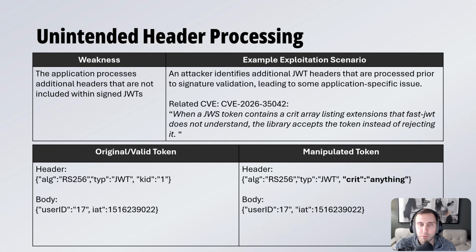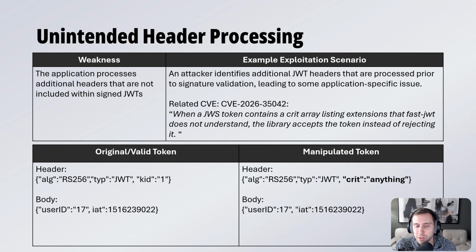It's definitely worth, if you have a token, guessing header names, header values, as well as claims that might be processed by the application, even if they don't appear by default in that JSON Web Token. And so in this specific CVE that is cited here that I thought was quite fascinating, when a token contains a crit array listing extensions that FastJWT does not understand, instead of rejecting the token, the library accepts it.